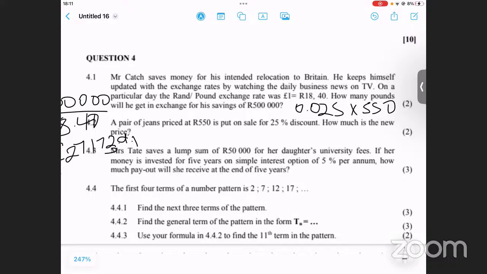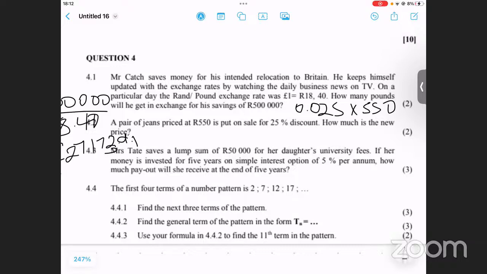Where is that 0,025 coming from? From the 25 over 100. It's 25 over 100 is 0,025. Yes, ma'am. Did you put that on your calculator? Yes.